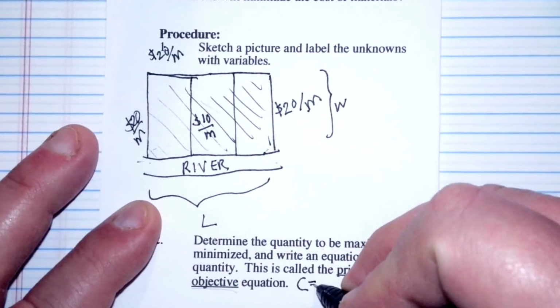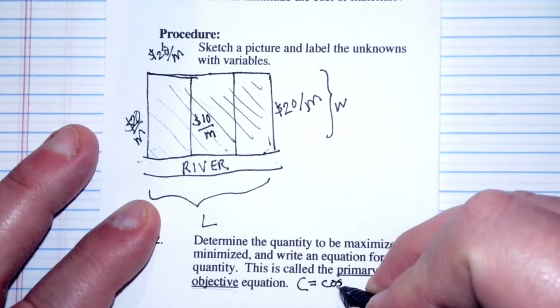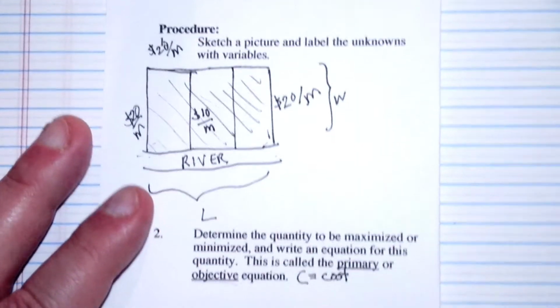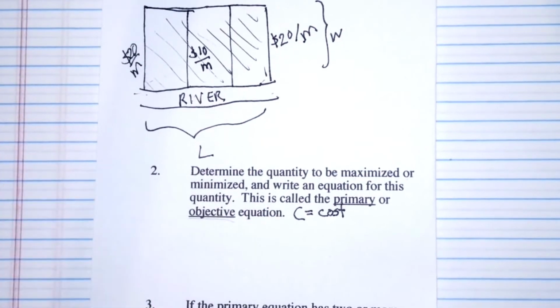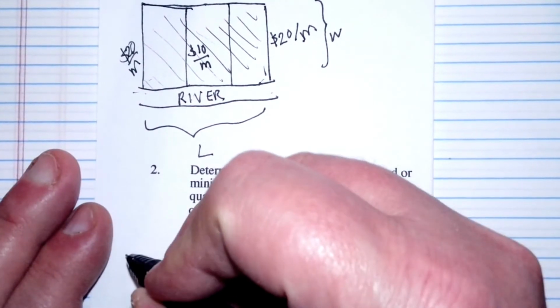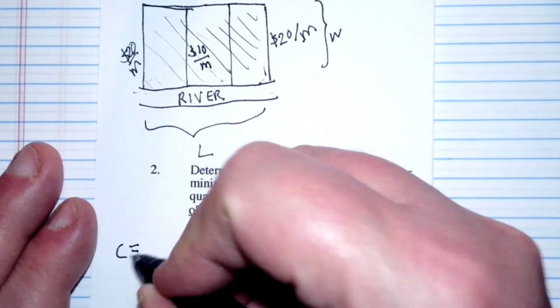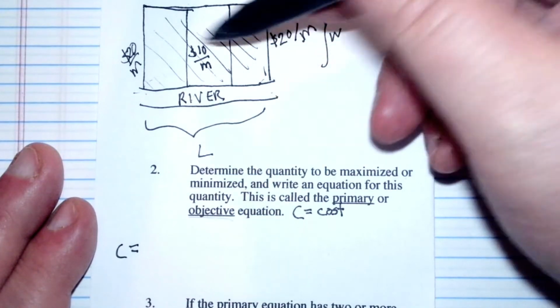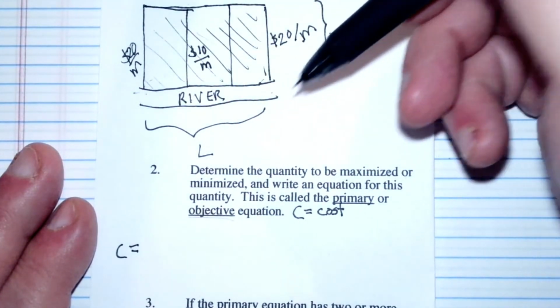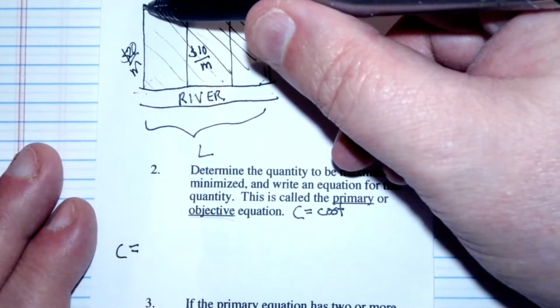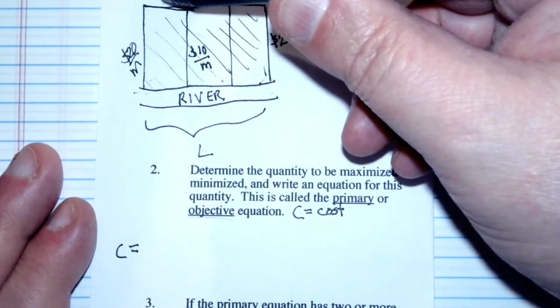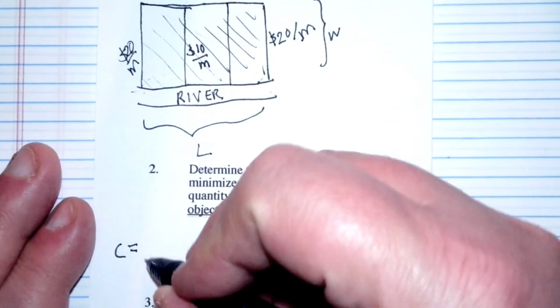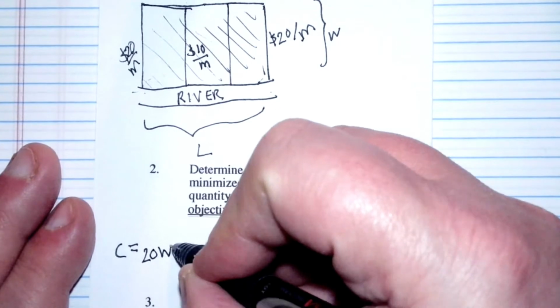So let's call the cost C. Now the cost is going to be the cost of each of these fenced segments added up. This one costs $20 per meter and it's W meters long, so that would be a total cost of 20W.